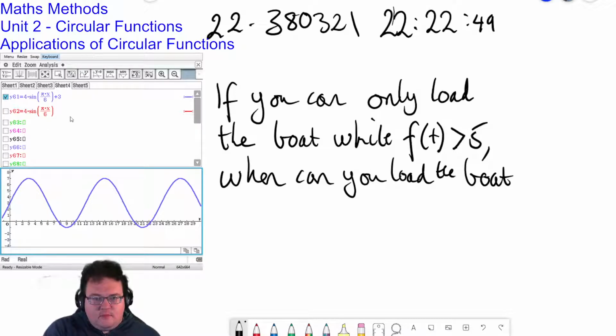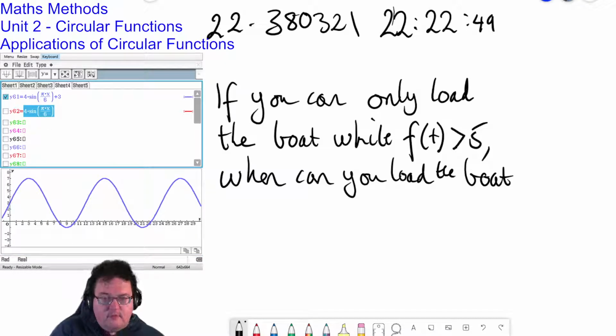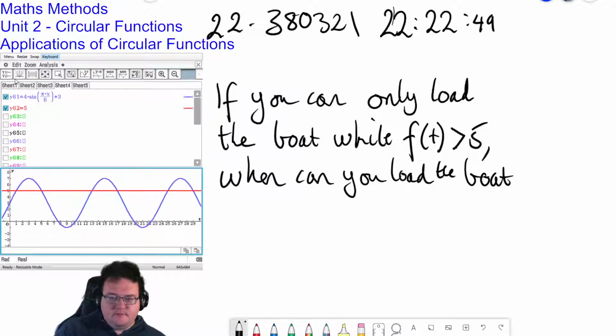So that is correct. We just need to put in 5. Over the course of a single day, how many times in the day is the water level above 5? How many blocks of time is it above 5?